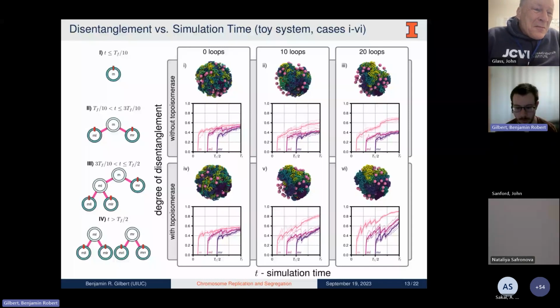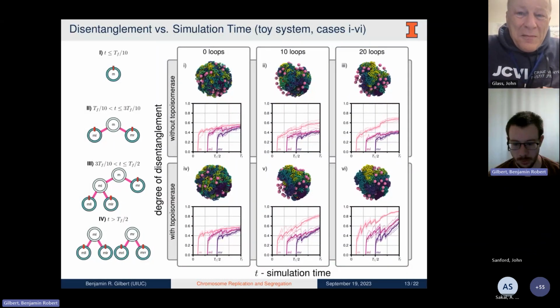If you just have looping and no topoisomerase, the first chromosome can get segregated to some extent, as you can see by the line labeled M increasing, but the 2 daughter chromosomes, ML and MR, when they start replicating, their 2 daughters actually end up even further entangled because they've already been compacted by the loops. And then you can see that if you just have topoisomerase without loops, the DNA strands are never pulled into tension to actually resolve the strand crossings.